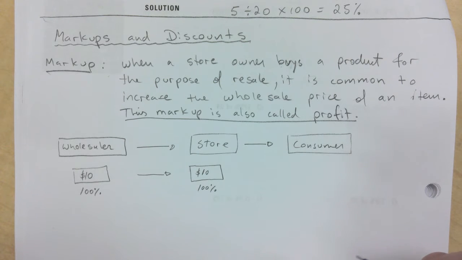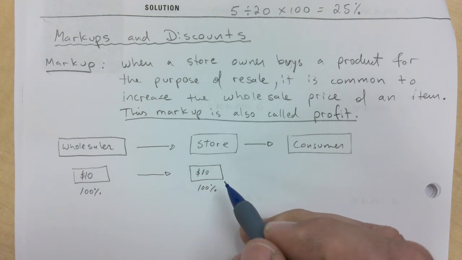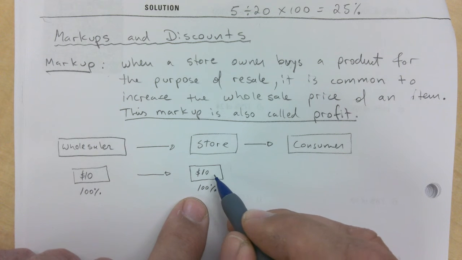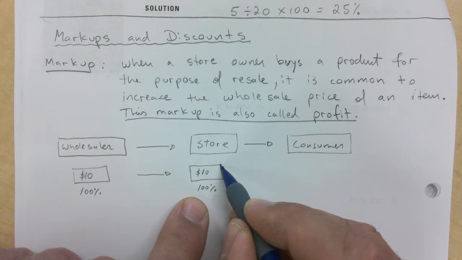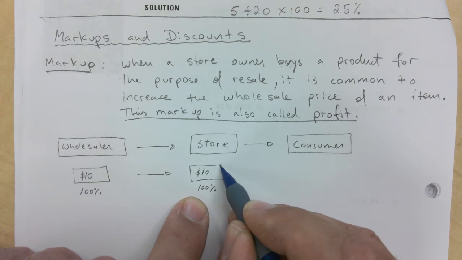When it comes to the store, that item that used to be $10, the 100%, will usually have a little amount tacked onto it. Let's say the store owner wants to add 10% of the original value, so it wants to make a profit of 10%. 10% of $10 would be $1.